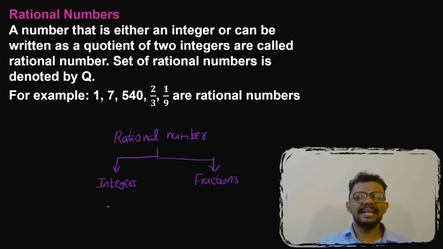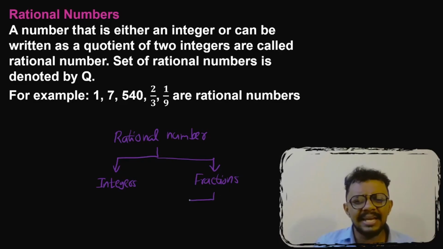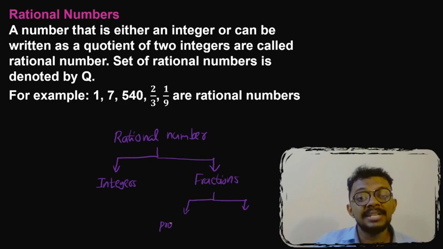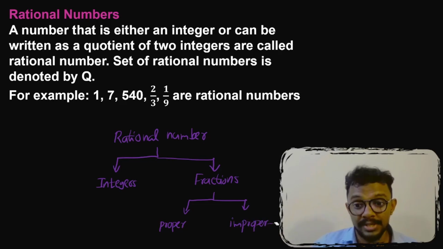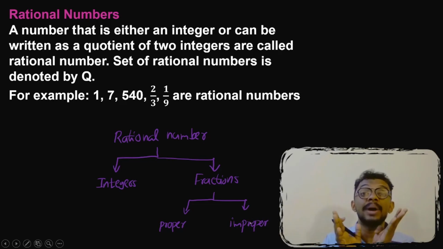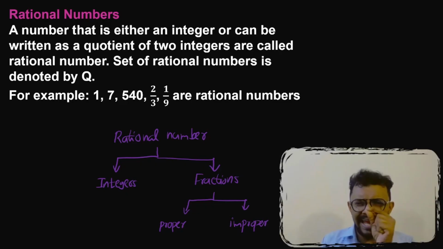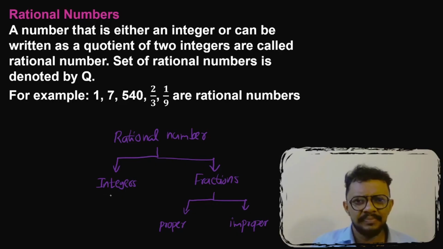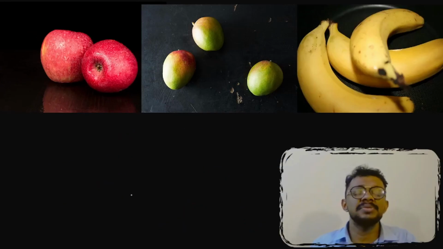Integers we know: 0, 1, 2, 3, 4, etc., minus 1, minus 2, minus 3, etc. Fractions I can again divide into two: proper fractions and improper fractions. What I'm trying to do is make you understand what exactly a rational number means. First, integers, which we already discussed.